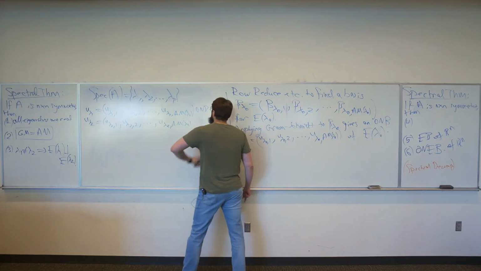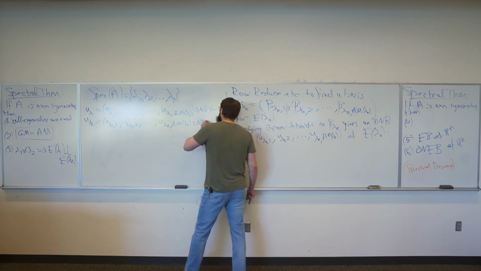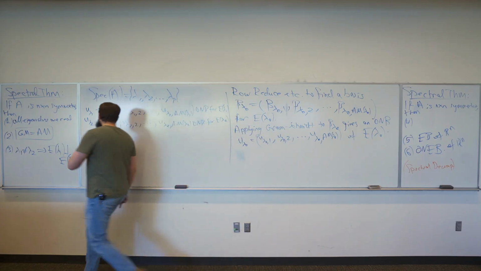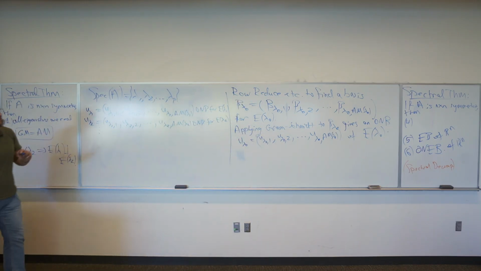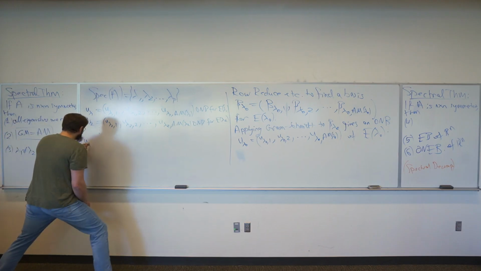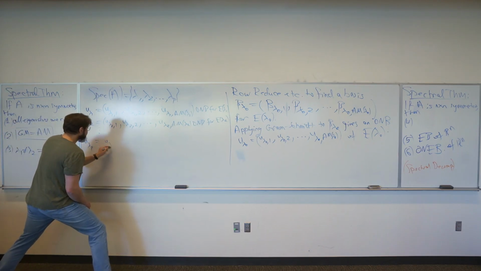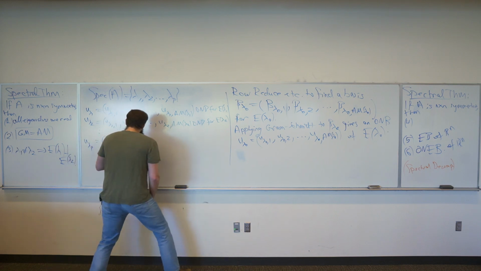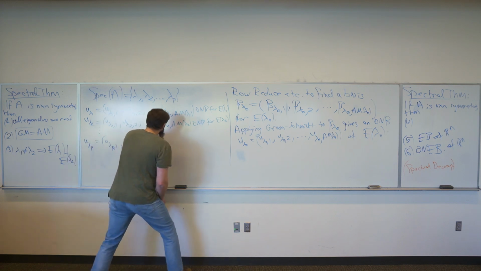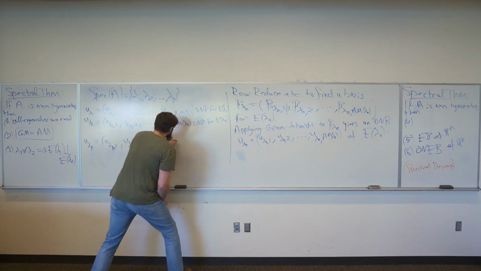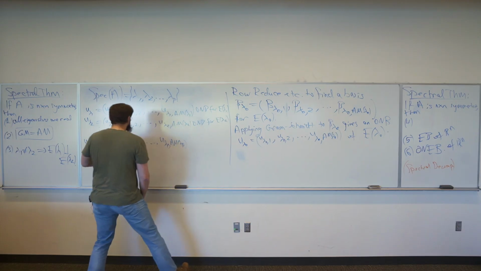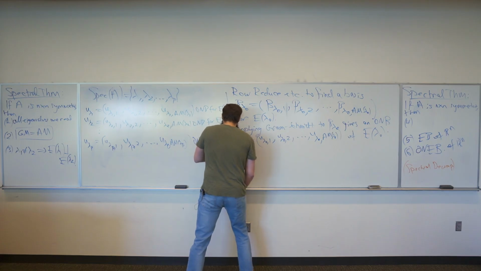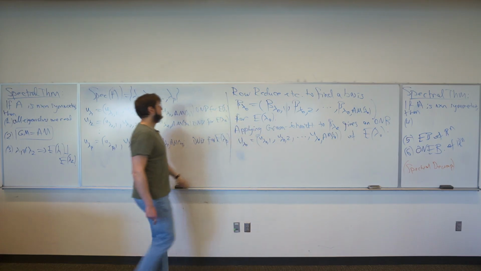Okay, you keep going like this, and finally I have U sub lambda p, comma 1, U sub lambda p, comma 2, dot, dot, dot, U sub lambda p, comma algebraic multiplicity of lambda p. Again, it's an ONB for E of lambda p.